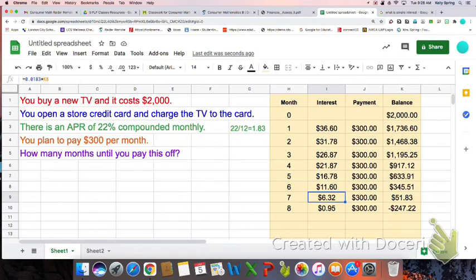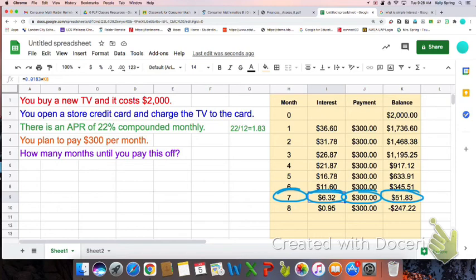Notice here that once it starts to get negative, that means you're done. So let's look here at row 7. What this is saying is in month 7, I had this much interest, and after this payment, my balance was only $51.83. So I do still have a balance on the credit card. It's not paid off yet.